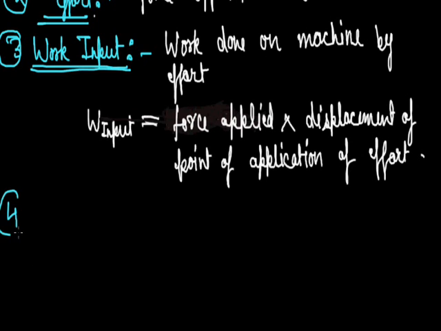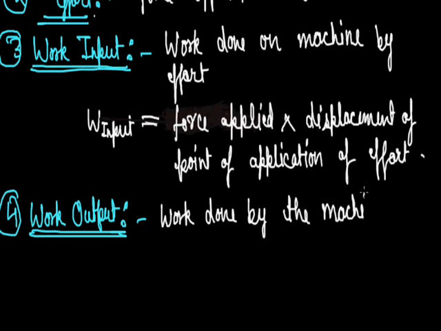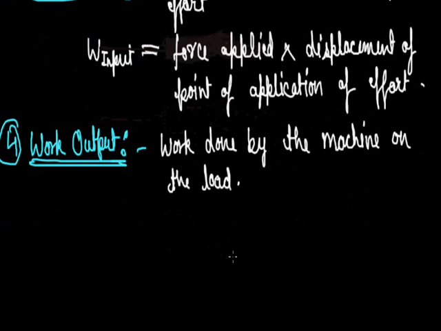Now, fourth is work output, and work output is defined as the work done by the machine on the load. And as we know, work is defined as the product of force into displacement.